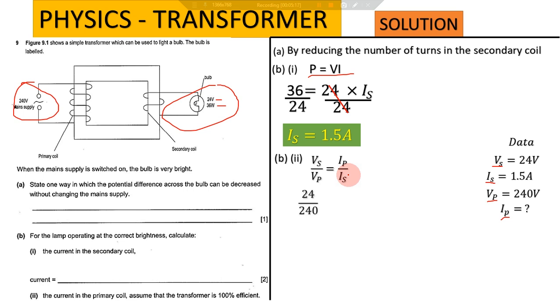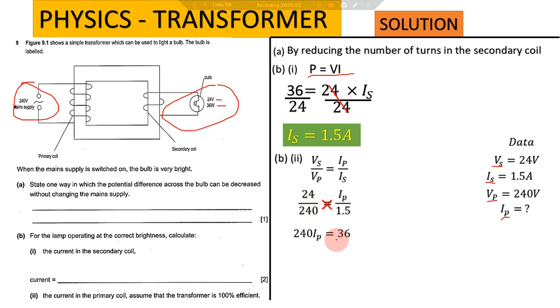Let us substitute the data. The first ratio, we have 24 volts in the secondary divided by 240 volts in the primary equals current in the primary, the question mark, that's what we are finding, divided by current in the secondary, which we calculated as 1.5. Then we cross multiply. So 240 multiplied by current primary, we're going to have 240 current primary. And then when we multiply 24 times 1.5, we're going to have 36.